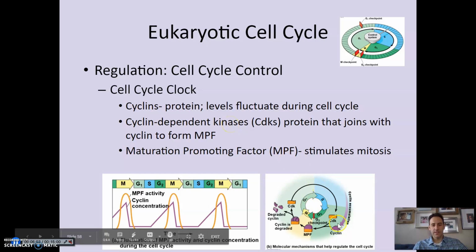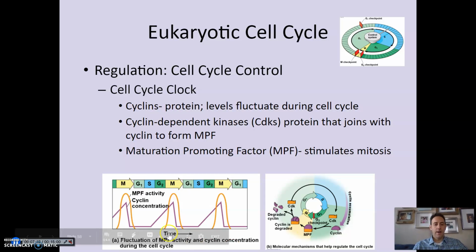You can see that here. Here's our purple cyclin. Here's our cyclin-dependent kinase. The purple molecules are fluctuating. The orange molecules stay relatively constant. But once these two join together, they form maturation promoting factor. Think of maturation promoting factor as mitosis promoting factor. In other words, it stimulates mitosis.